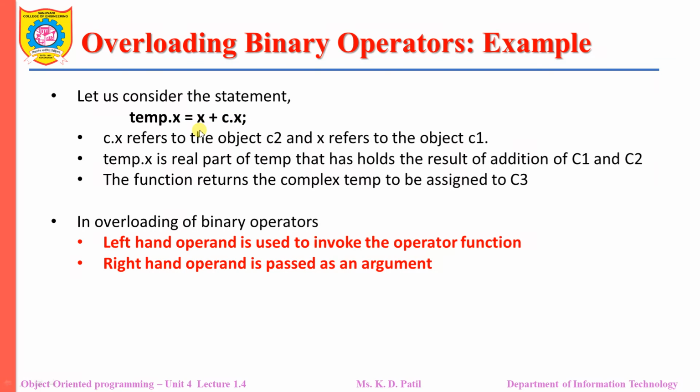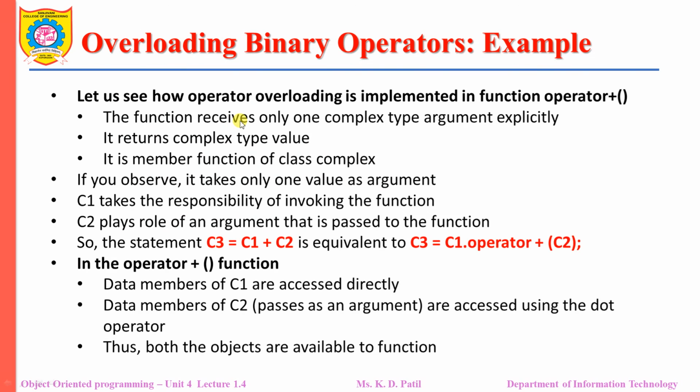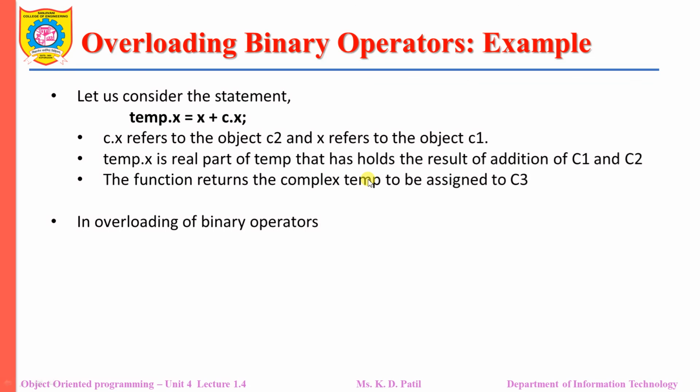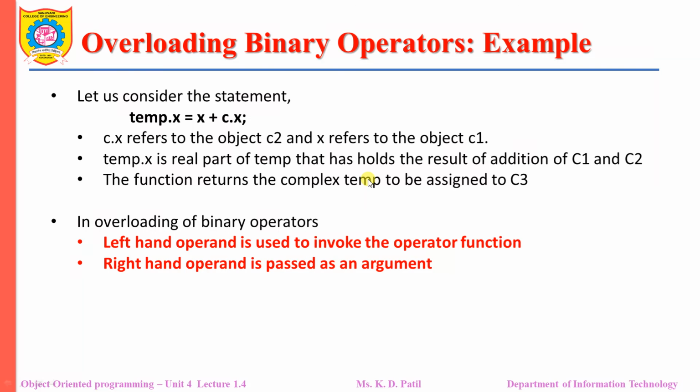C1 evokes the operator function, and C2 is passed as an argument. We have passed only a single argument in our function. So this is how binary operators can be overloaded in C++.